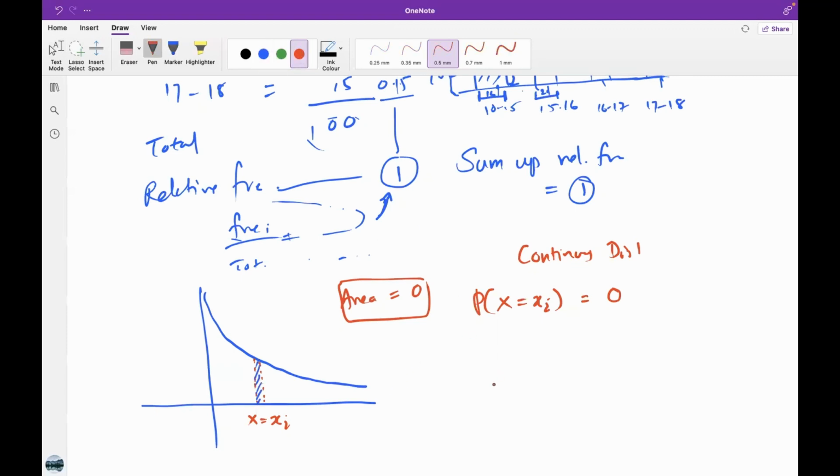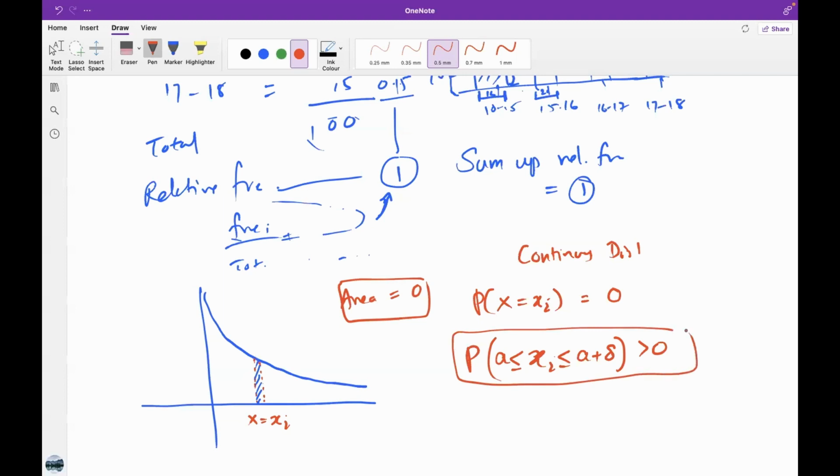So the probability of Xi being in the range of a value A, greater than or equal to A and less than or equal to A plus a very small value called delta, which is positive. So there is a probability for a range, but there is no probability for a value in a given continuous distribution. That is what you need to understand.